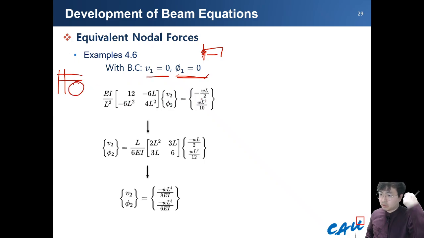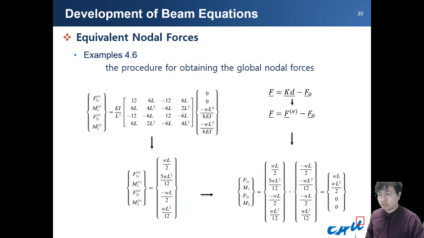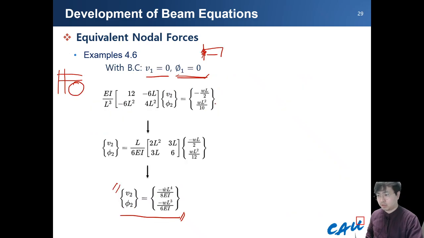In the previous calculation, they are external, actually equivalent forces, and look like this. And then after taking the inversion, we obtain this exact solution. After obtaining this solution, you can apply it. This is V2 and theta2, which were calculated in the previous slide.